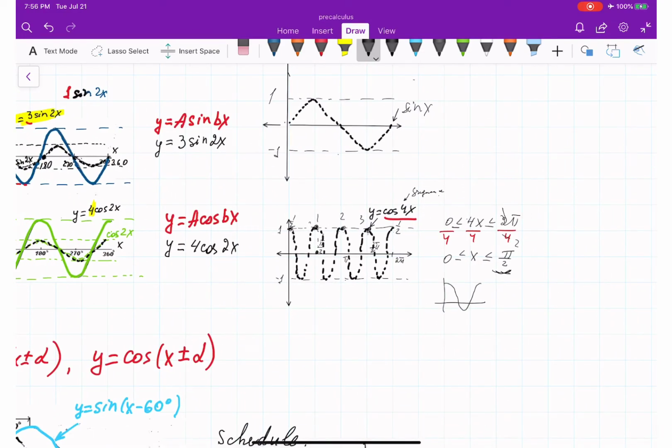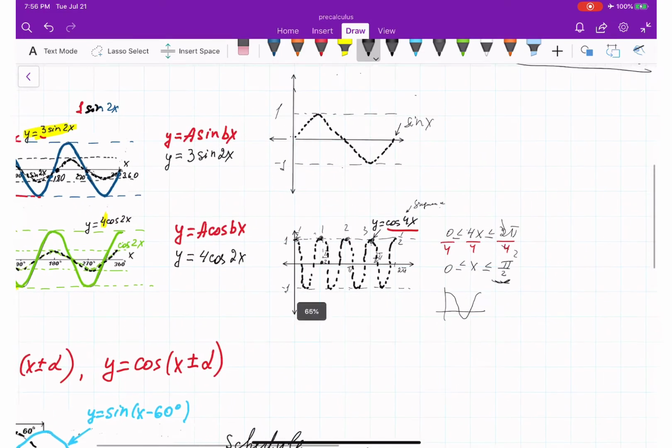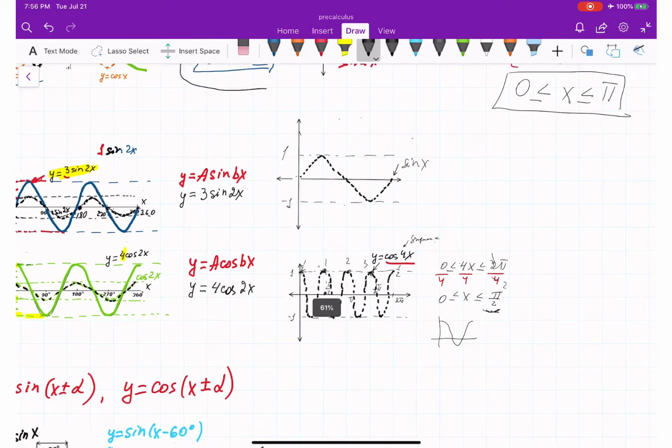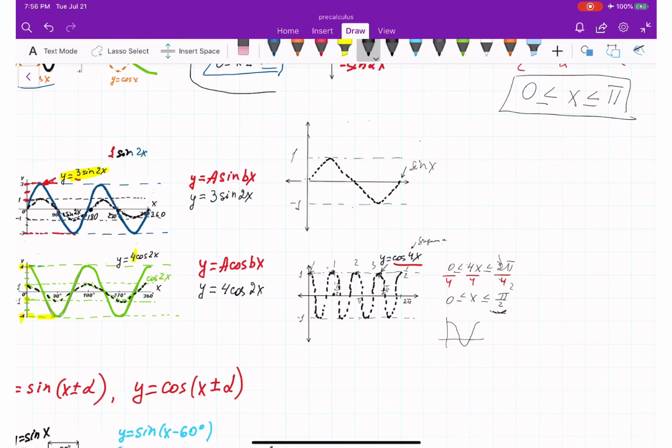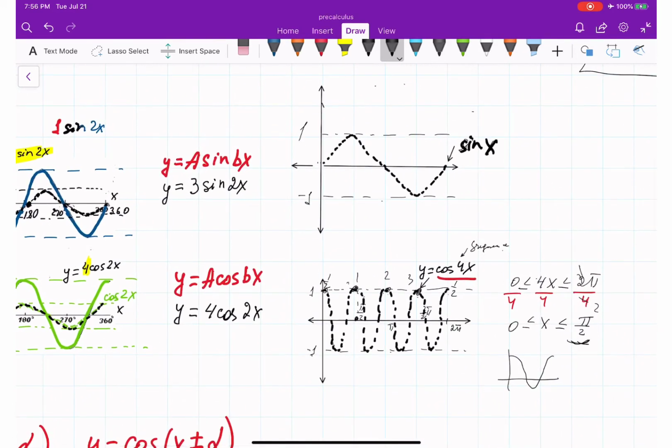All right, let's do another amplitude now. Instead of 1, build how much you want to build. I have here sine x. This is sine x. So here we have 3 sine x. So let's do 2 sine x.